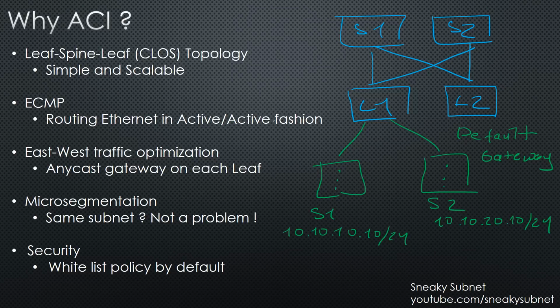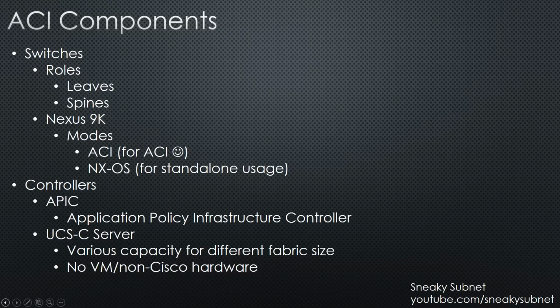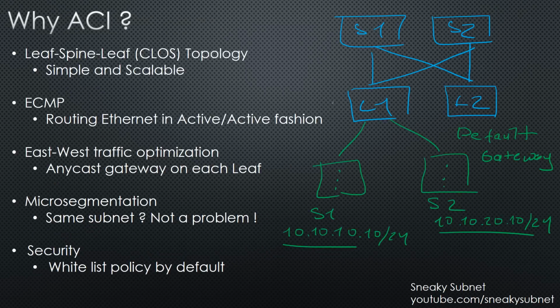In case of ACI, default gateway for that network and that network will reside on leaf 1, leaf 2, and if you have more leaves, you will have that default gateway on all your leaves.